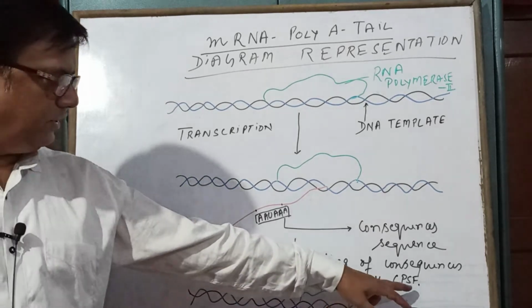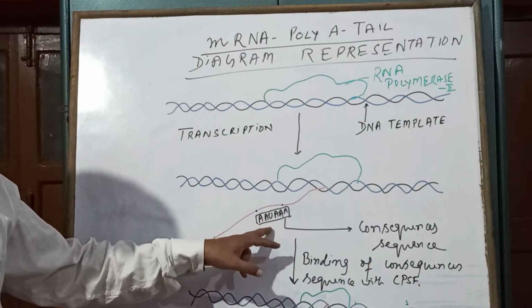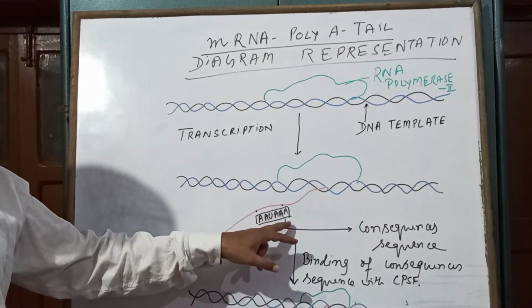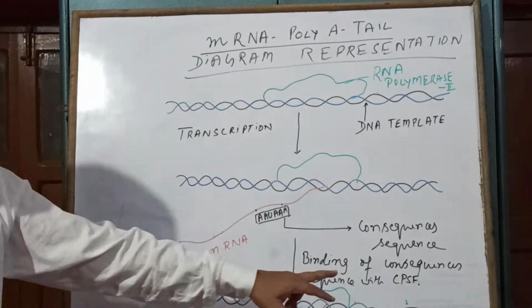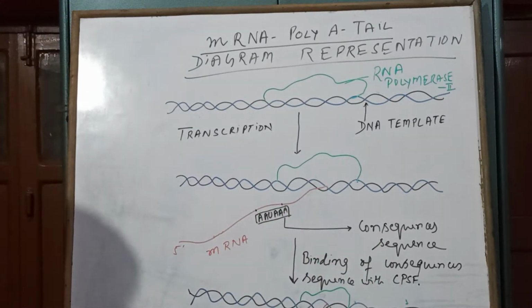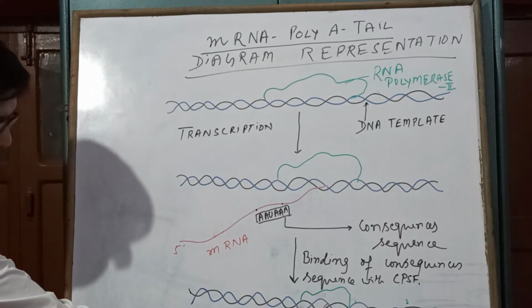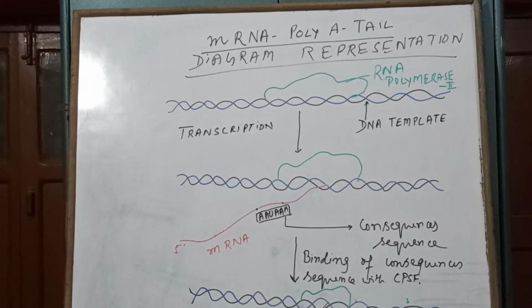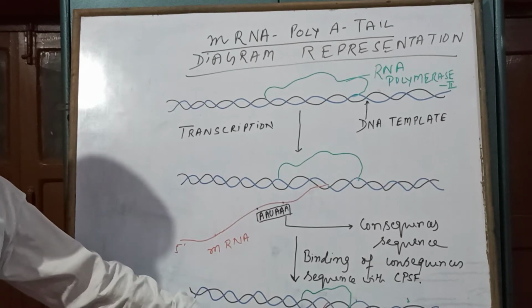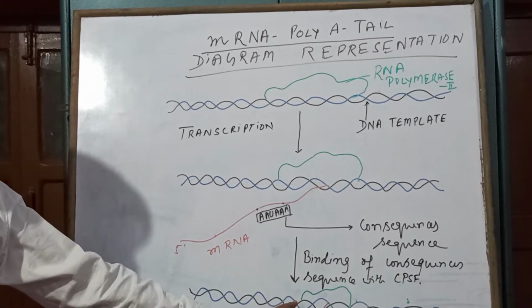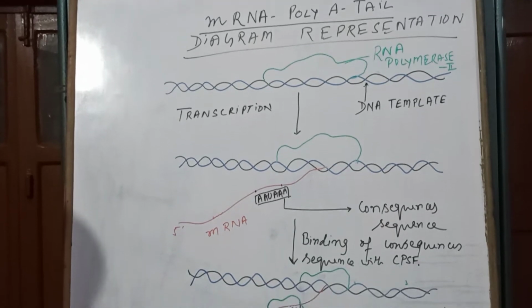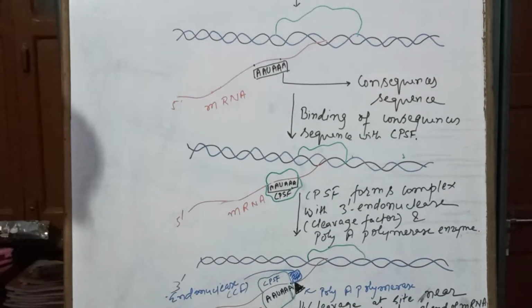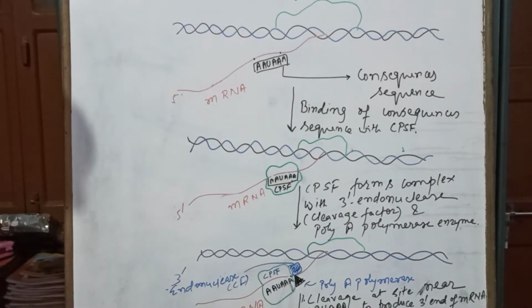This specificity factor is specific to this nucleotide sequence, so the protein binds here. The next step is binding of CPSF with that particular nucleotide sequence of the mRNA, that is the consensus sequence.